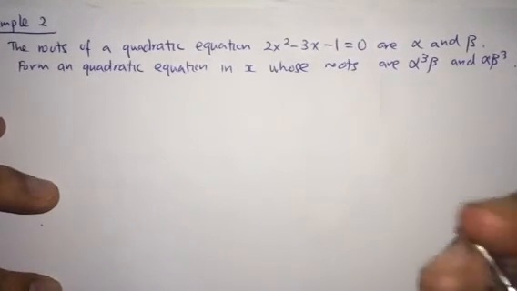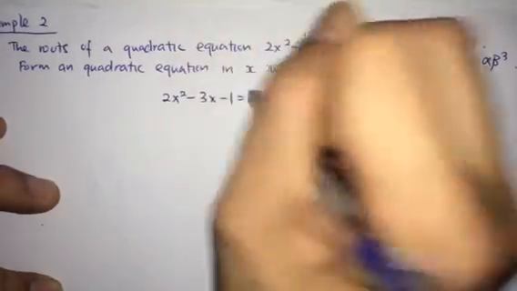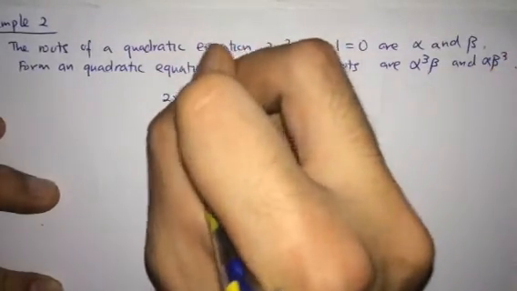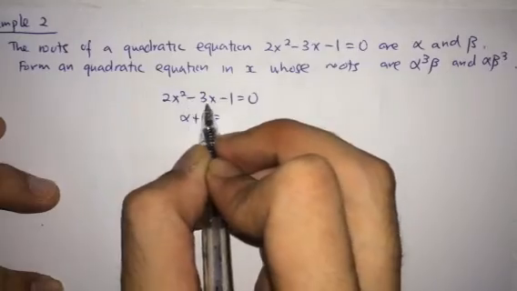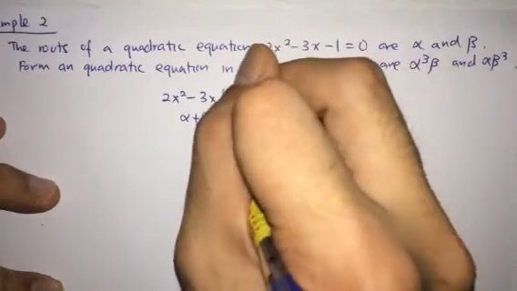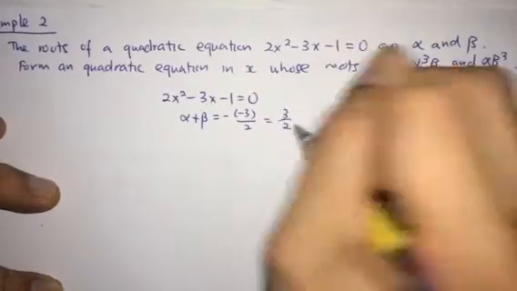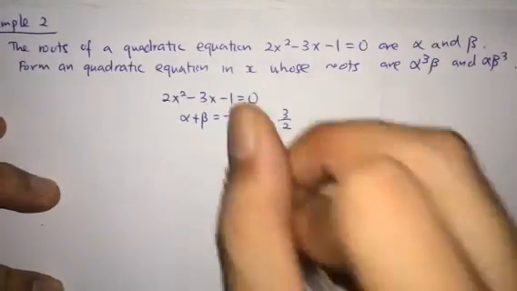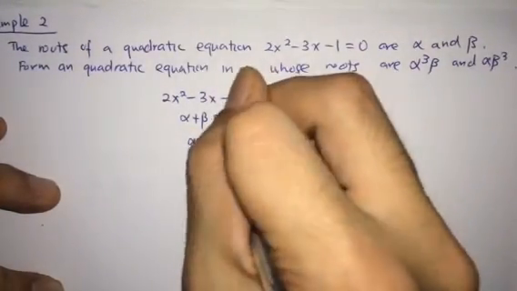So what we do now is write down the sum and product of roots first. The sum of roots, alpha plus beta, equals 3 over 2, and the product of roots, alpha beta, equals minus 1 over 2.